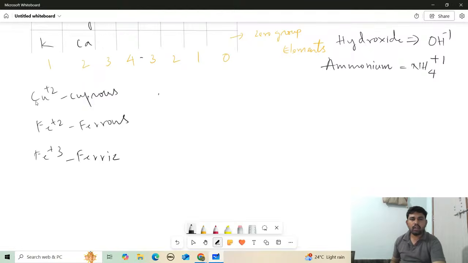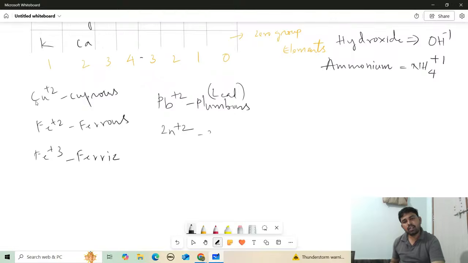Similarly, we have lead, which forms Pb plus 2. It is called plumbous or plumbic, but we generally just say lead. Similarly, zinc has Zn plus 2, the zinc ion.